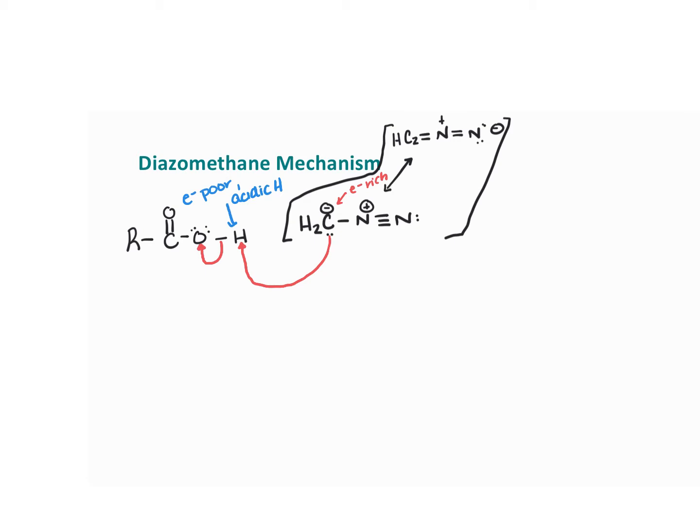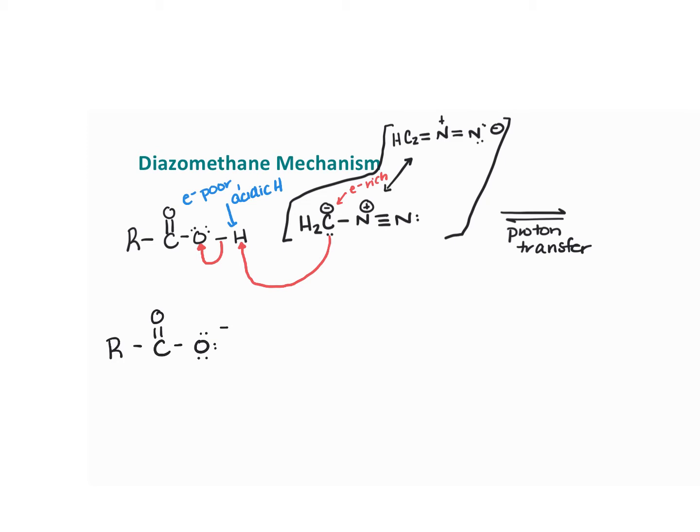And so that's a generic proton transfer mechanism. Now, this a lot of times is called a carboxylate ion or anion. It's a carboxylic acid group that has been deprotonated. The proton has been removed.